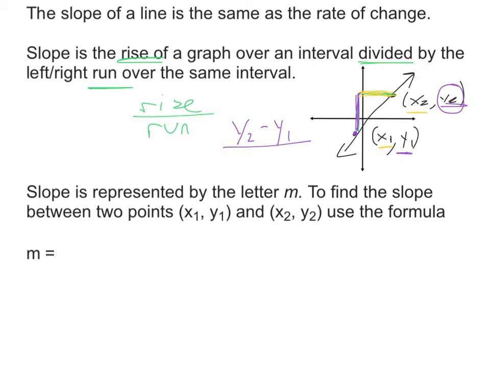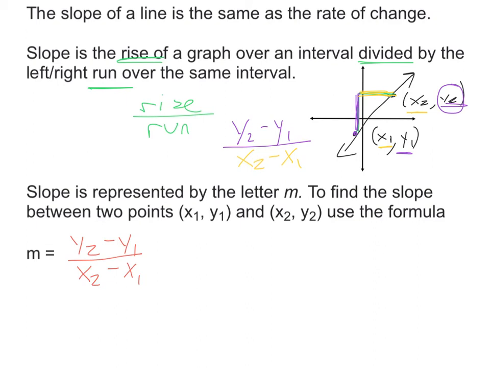Well, what's the difference there? If we started at x1 and moved over, that's going to be your x2 take away where you started at x1. So where you ended up minus where you started. And that's our big equation for slope: y2 minus y1 over x2 minus x1 when you have these 2 points.